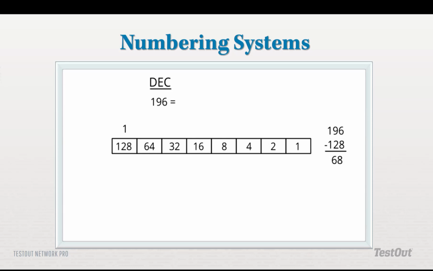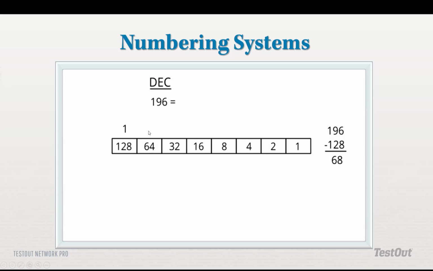Converting decimal to binary is kind of just the exact opposite. Start with the number 196. What is the highest power of 2 that will divide into 196? That's 128. So you put a 1 there. Subtract that, and now we have 68. What's the highest number that will go into 68, which is 64?